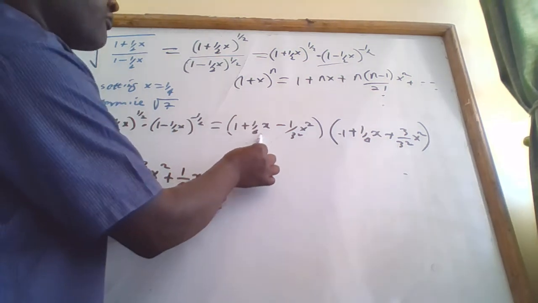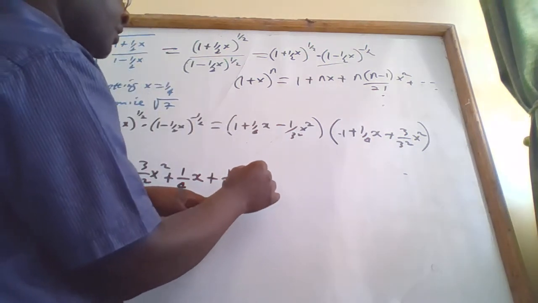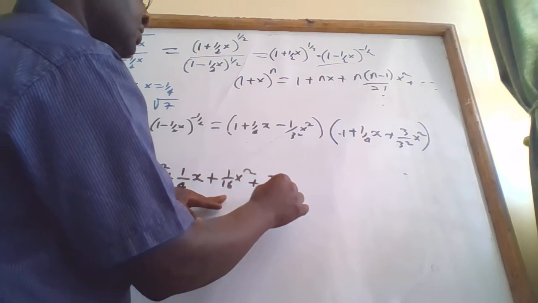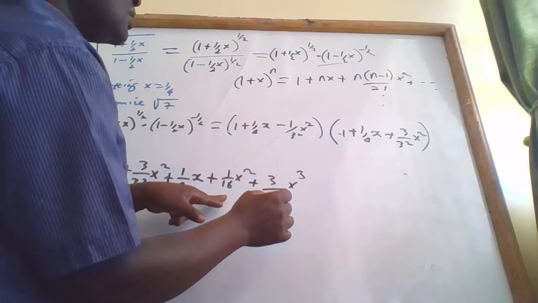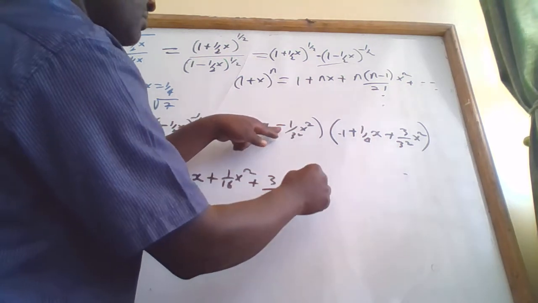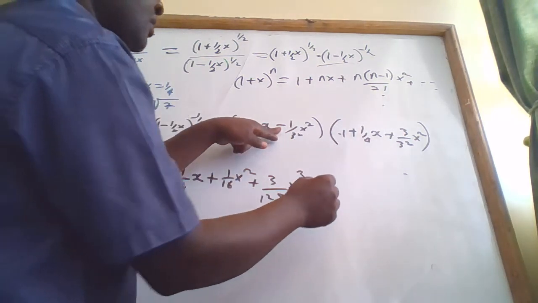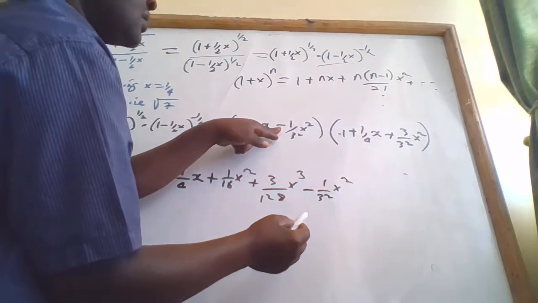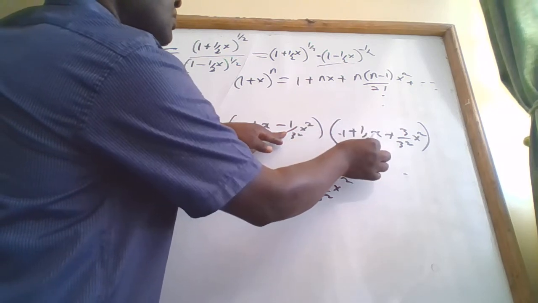Then 1 all over 4 times 3 all over 32, we have plus 3 all over 128, then x cubed. And then minus 1 all over 32 times 1, we have minus 1 all over 32x squared. Then when you take this times that, x will be cubed.